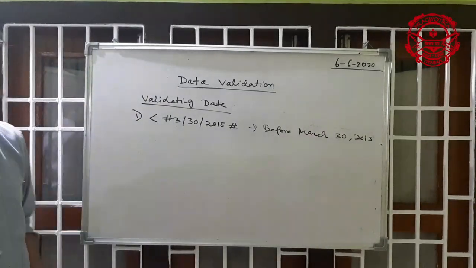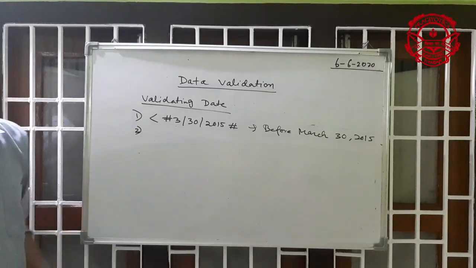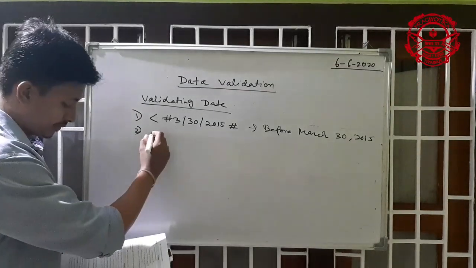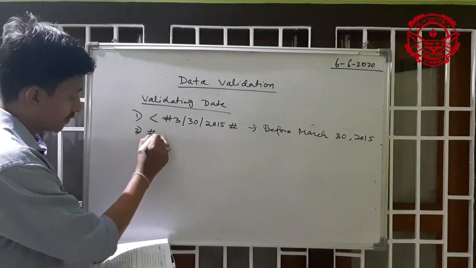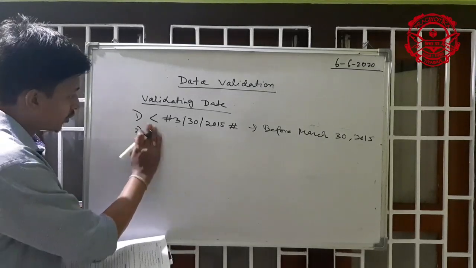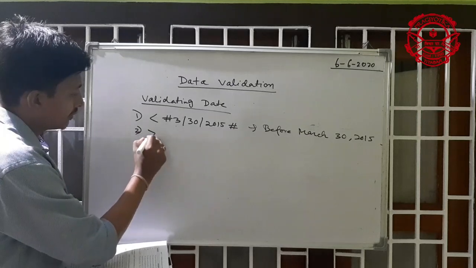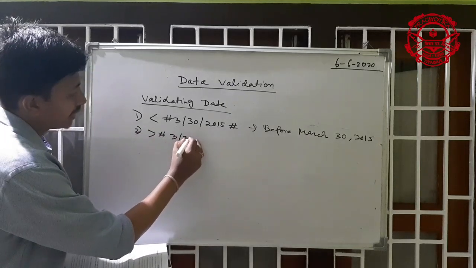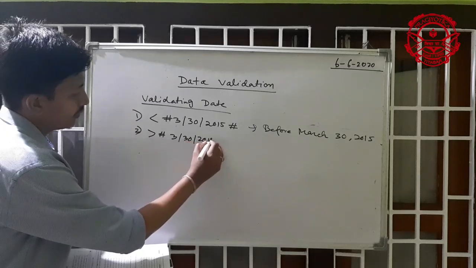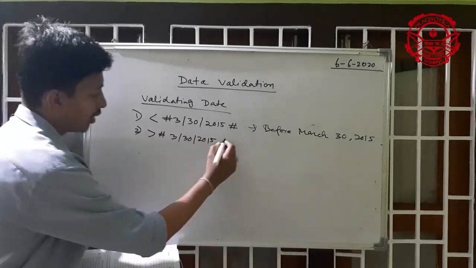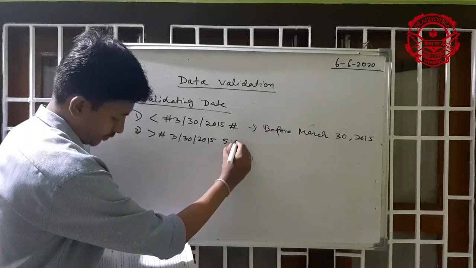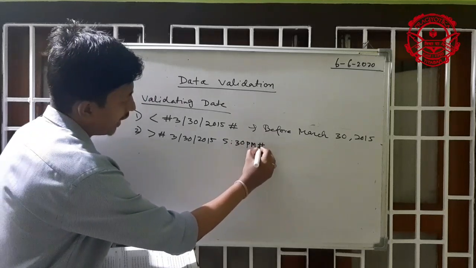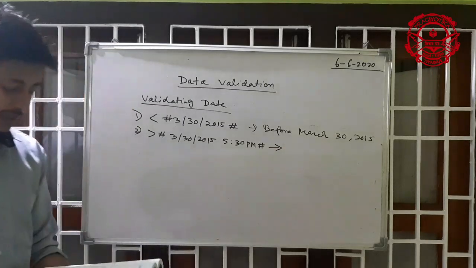Next is number 2. Number 2 is greater than 3/30/2015 5:30 p.m. It means what?